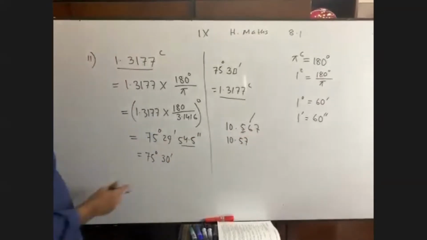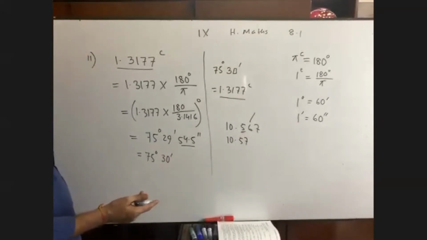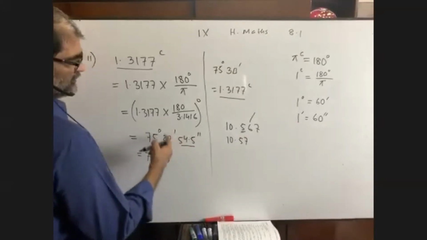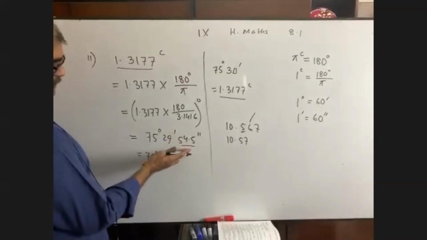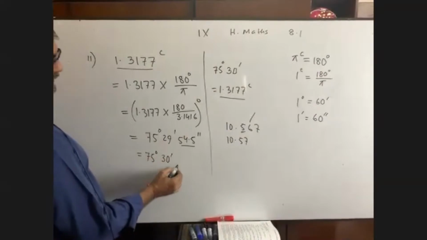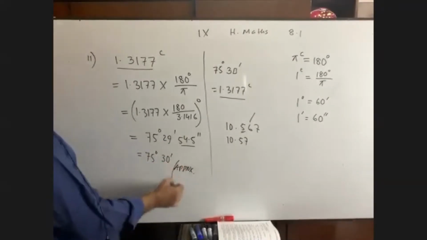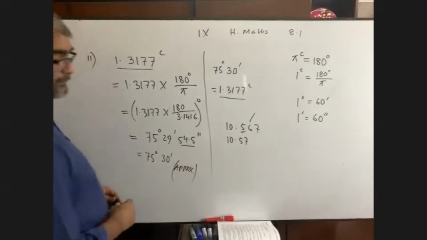For degree, you have to calculate below 30 seconds or after 30 seconds. For 10, it is 5, but for 60, it is 30. So it is more than 30, and 1 has been added, approximately. Have you got me? Yes, sir.